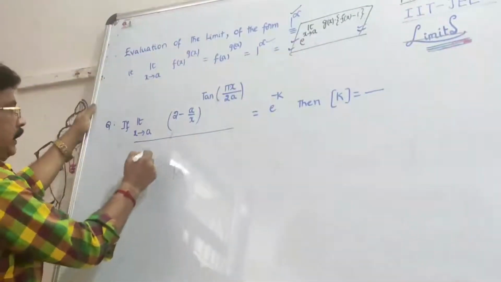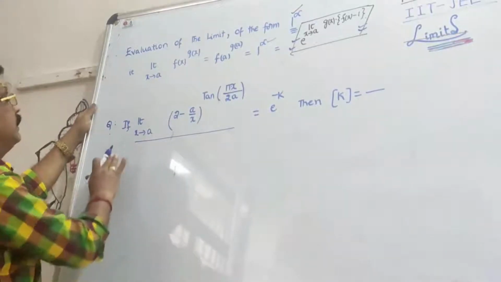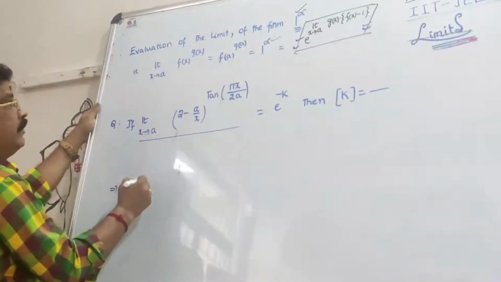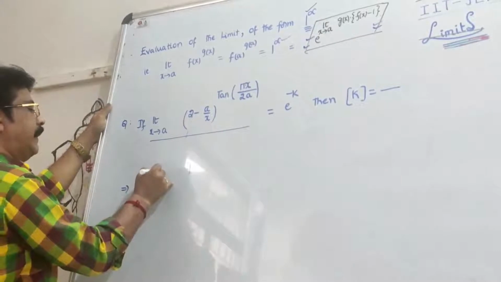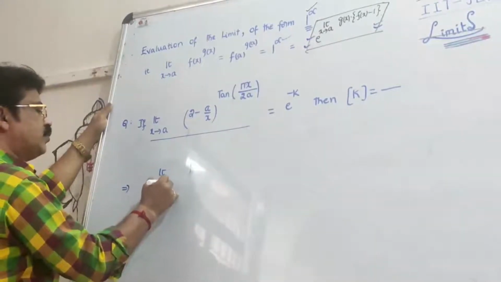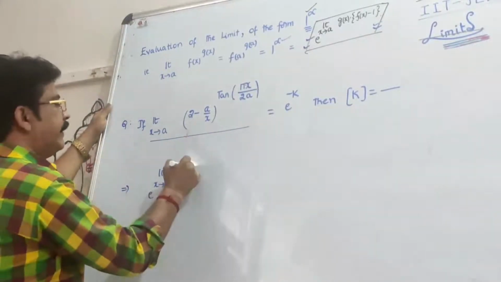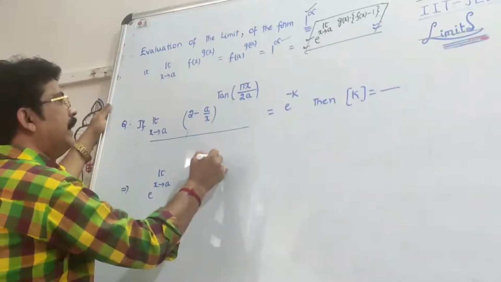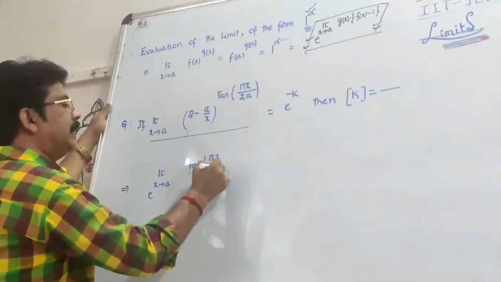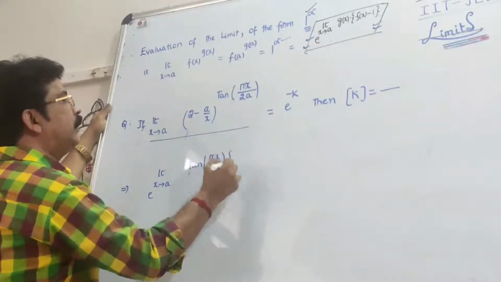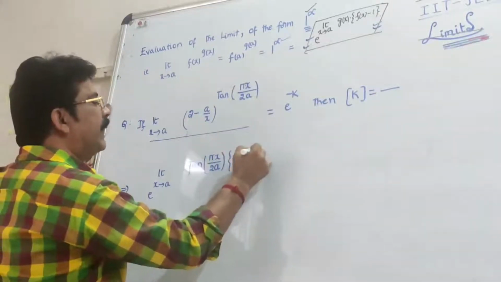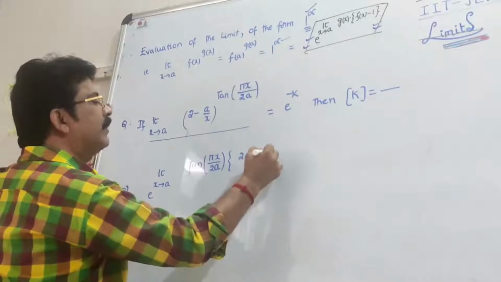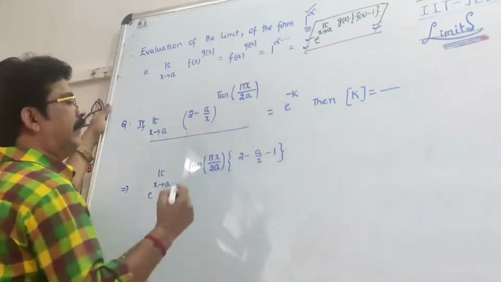So that implies limit is e to the power of limit x tends to a of g(x) times (f(x) - 1), meaning tan(πx/2a) into (2 - a/x - 1).